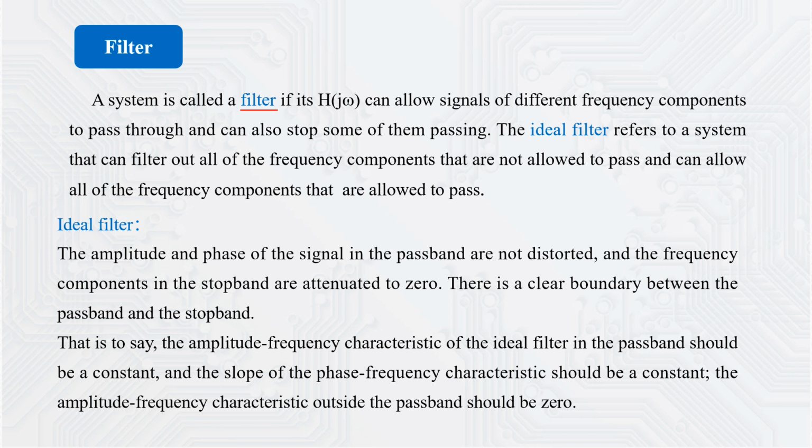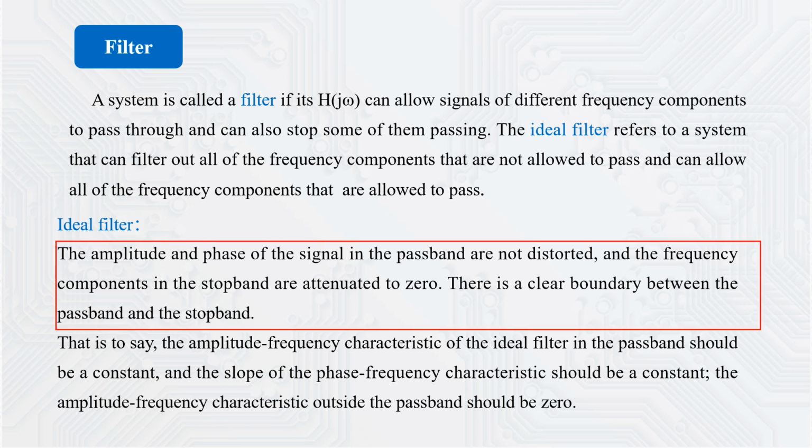For a system, if the frequency response function H(jω) can allow signals with different frequency components to pass and it can stop some of them from passing, then the system is called a filter. The ideal filter refers to a system that can filter out all of the frequency components that are not allowed to pass, and can allow all of the allowed frequency components to pass smoothly.